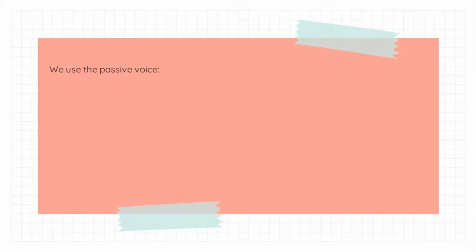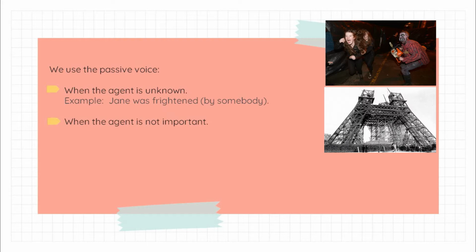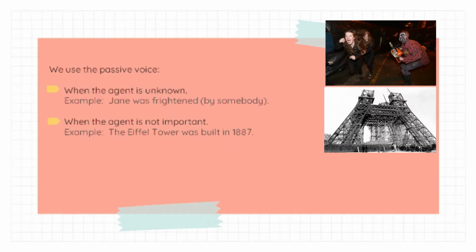We use the passive voice in the following situations. When the agent of the sentence is unknown, so we don't know who did the action. For example, Jane was frightened by somebody. When the agent is not important. For example, the Eiffel Tower was built in 1887.